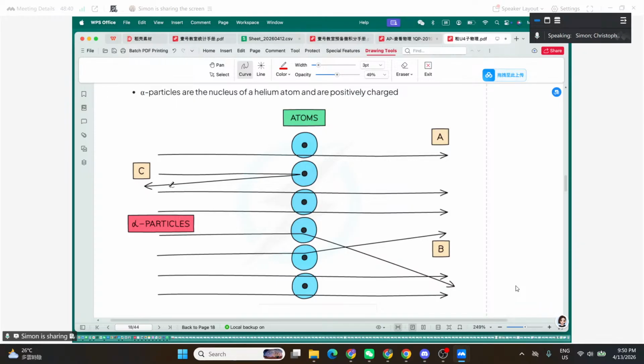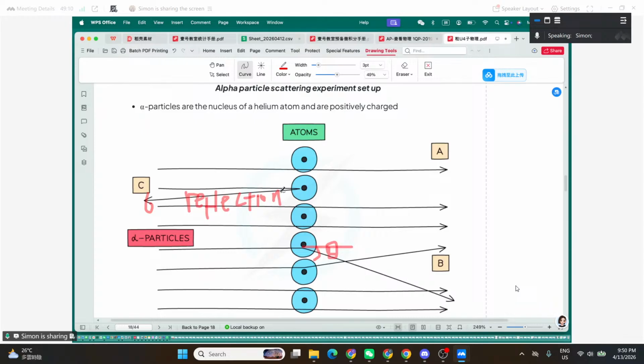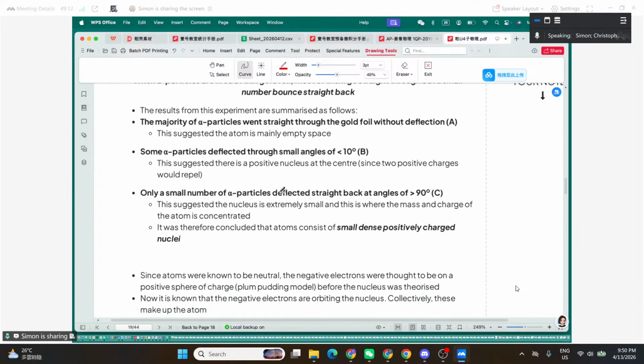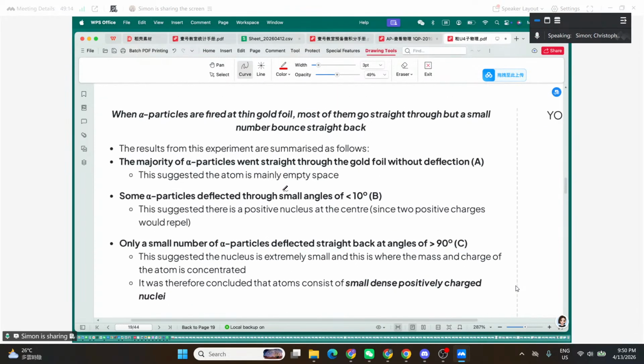A few have a little deflection, with the deflection angle less than 10 degrees, and a very few are reflected, rebounding. Understand? Okay, and here is the conclusion and the result.